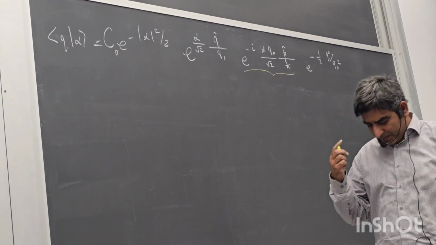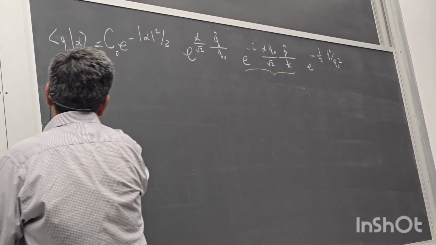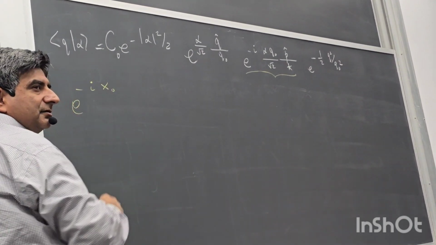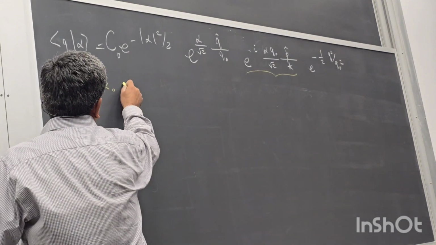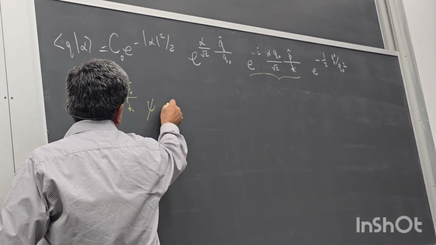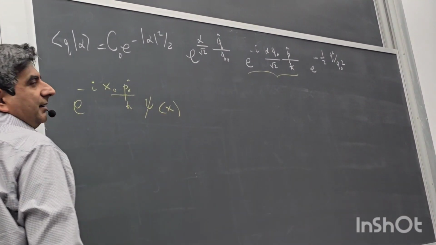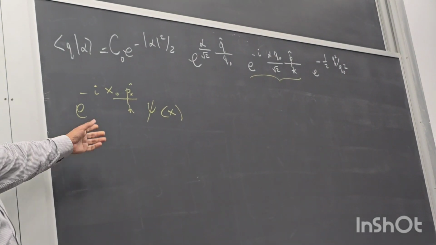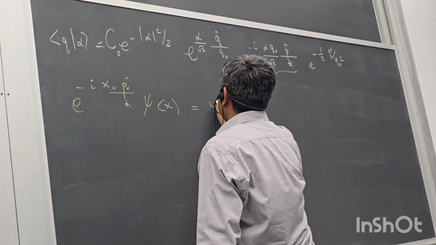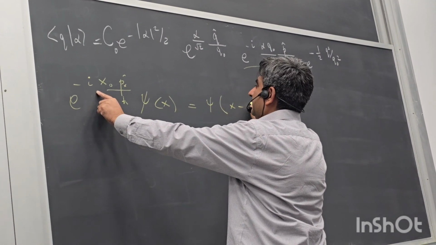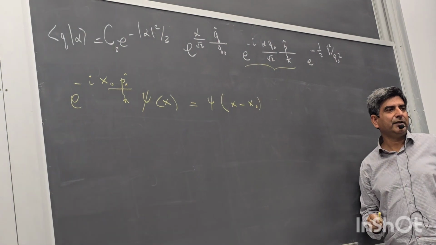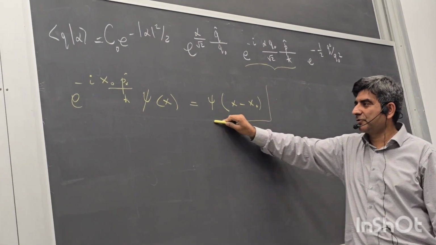So remember that if I have e raised to the power minus i some magnitude x naught p x over h bar, and this acts on a wave function, then the action of this generator of translation is to shift this wave function by this amount. This is something you learn in your first course in quantum mechanics.